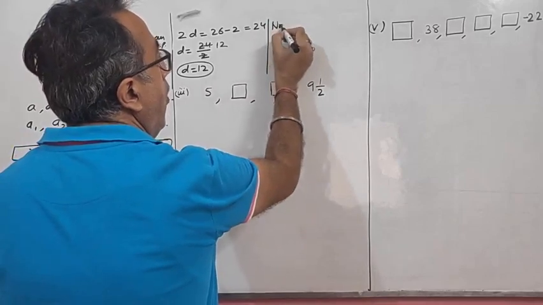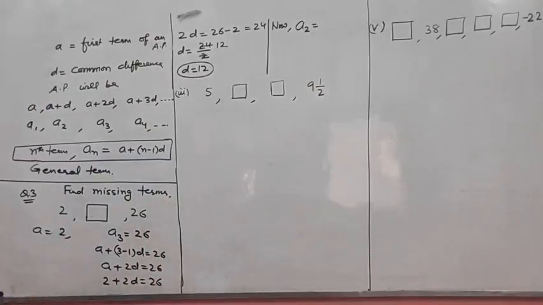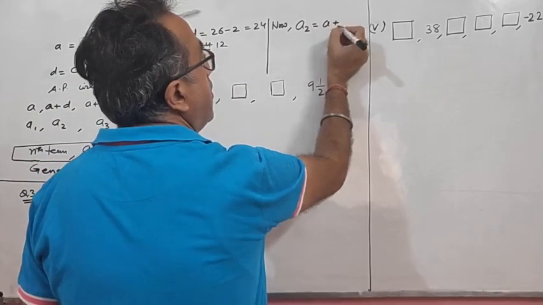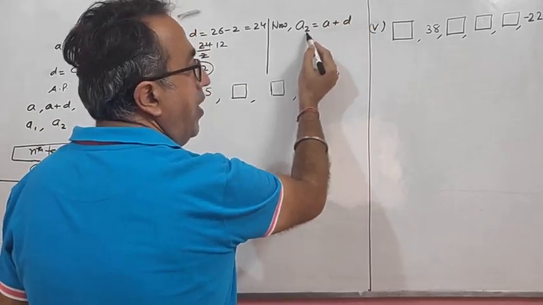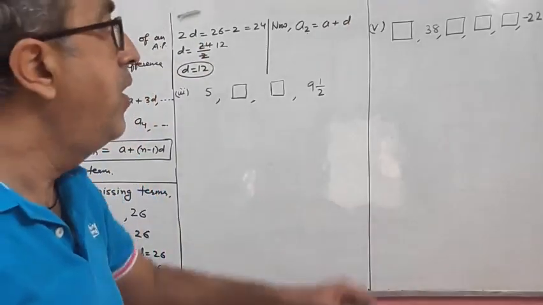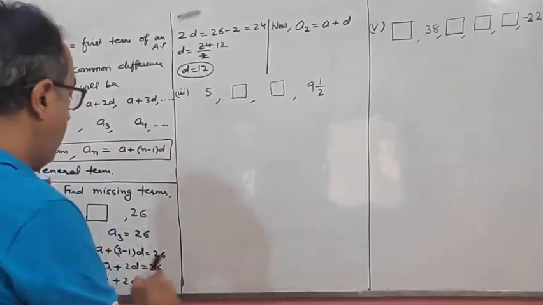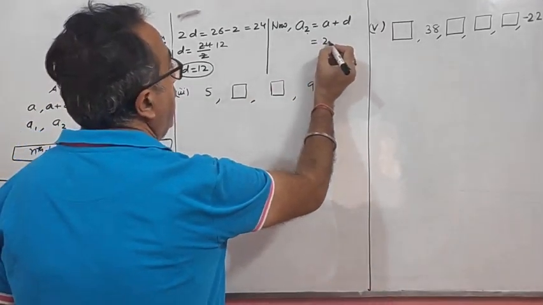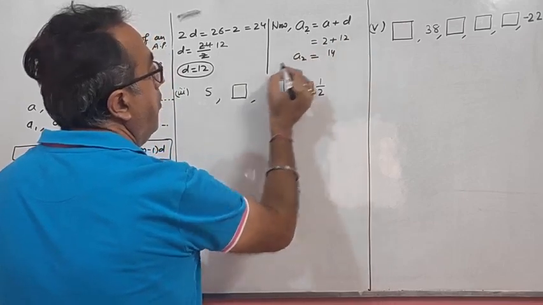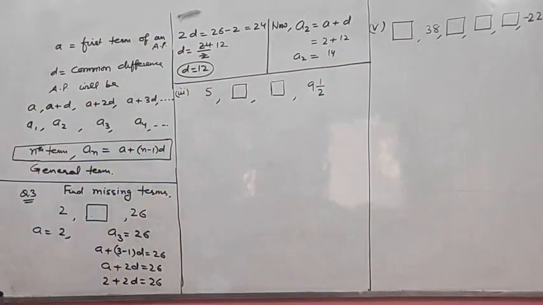The formula for the second term, by the general term, you can write directly A plus 1D. The second term, we find by taking 1 less than this 2. That will be the coefficient of D. So the second term is A plus D. Put the value of A and D. A is 2, D is 12. So it is 14. The missing term is 14 in this question.